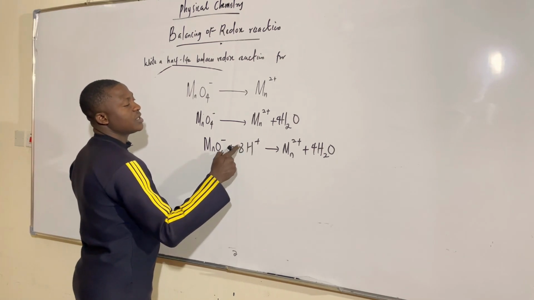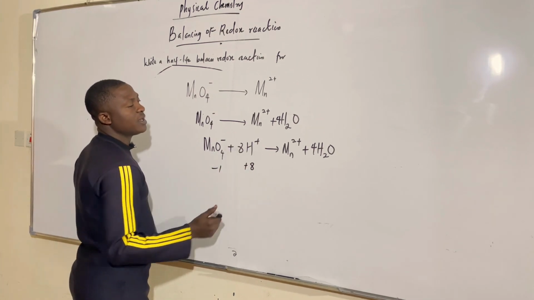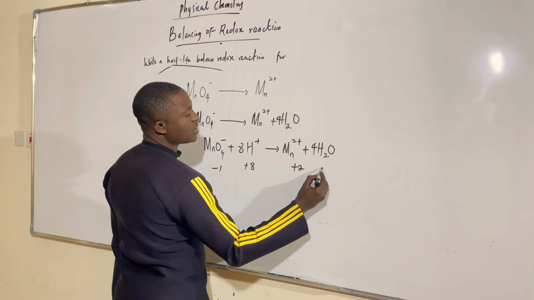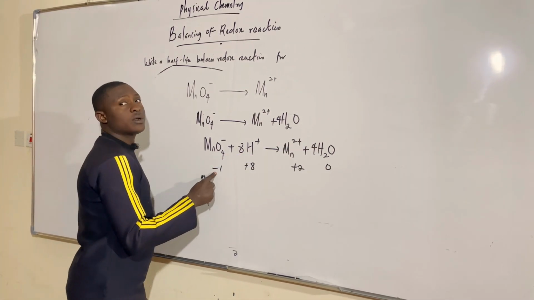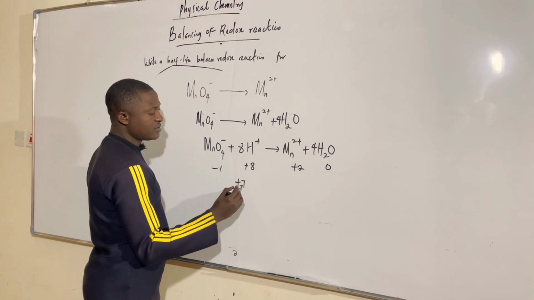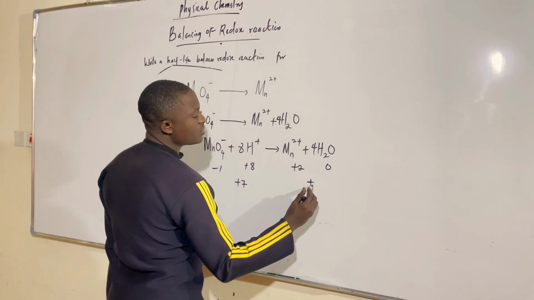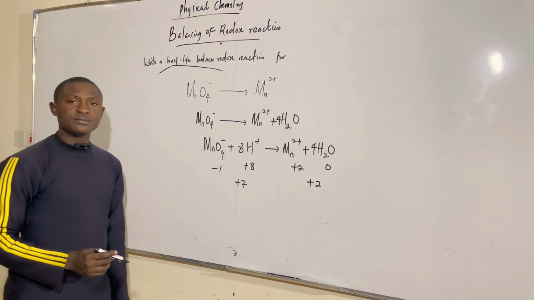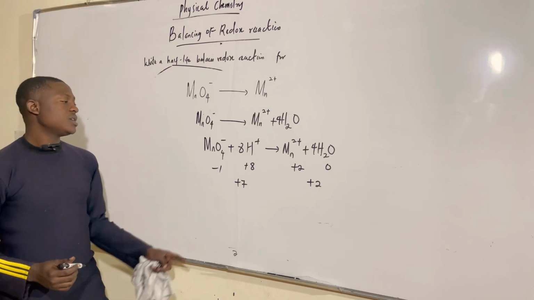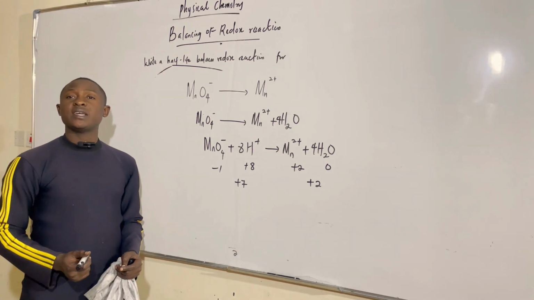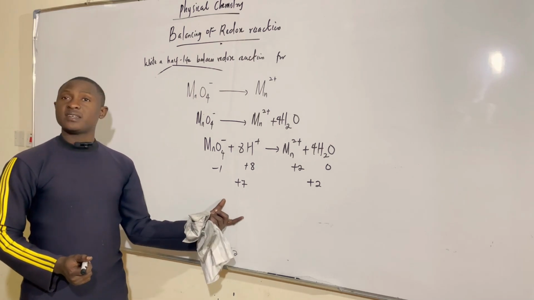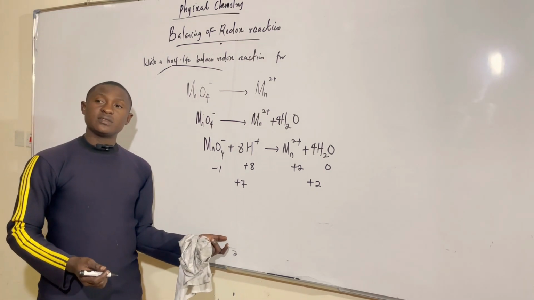So here is minus 1, and here is plus 8 times 1, so we are going to have plus 8. Here is plus 2, and here is 0 because there are no charges. So minus 1 plus 8 is going to be plus 7. Plus 2 plus 0 is going to be plus 2. Are they balanced? Of course they are not, because here is 7, here is 2. So how many do I need to subtract, and on which side? Yeah, the reactant side. I need to subtract 5.